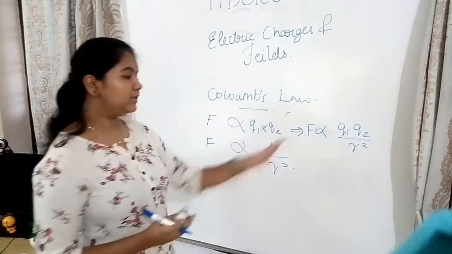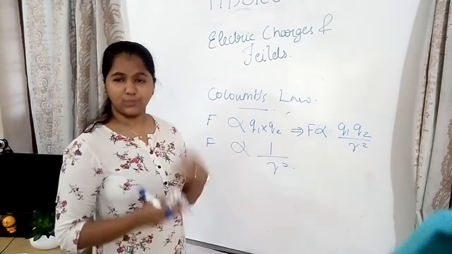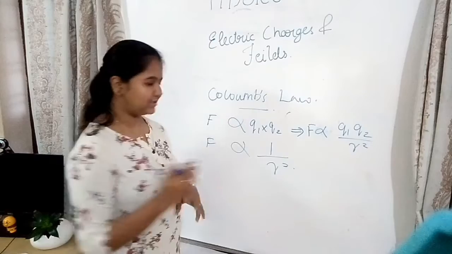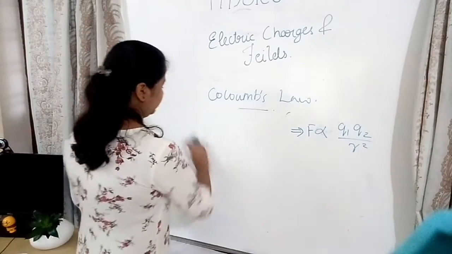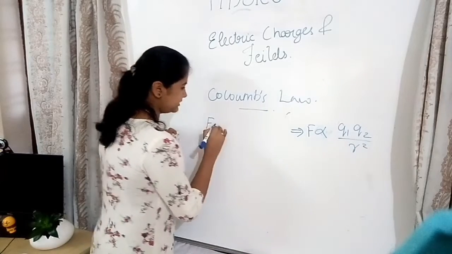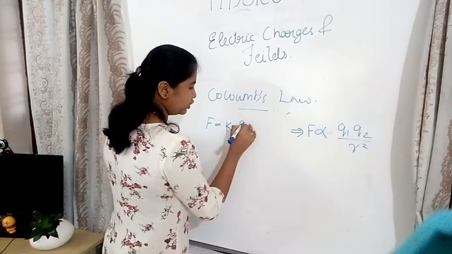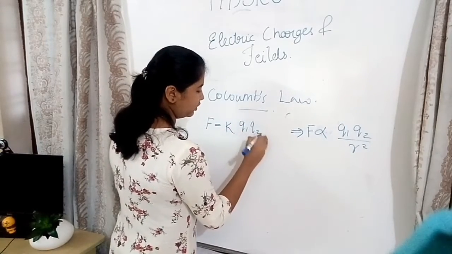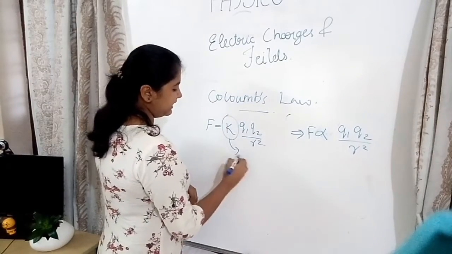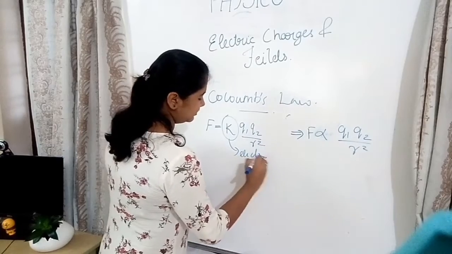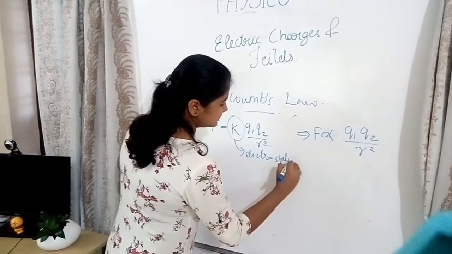Now to remove the proportionality, what do you use? The proportionality constant. F is equal to K Q1 Q2 divided by R square. K is the electrostatic constant.